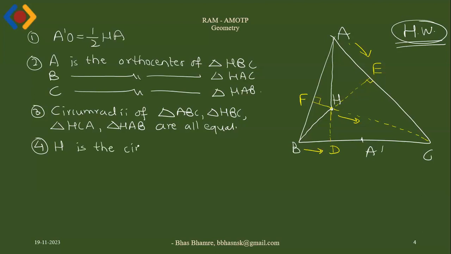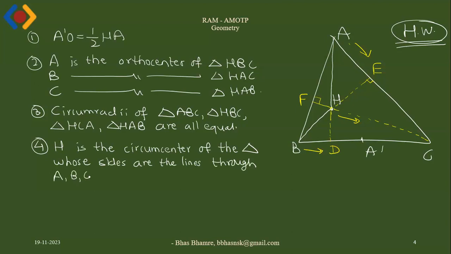H is the circumcenter of the triangle whose sides are the lines through A, B, C parallel to the opposite sides of triangle ABC.